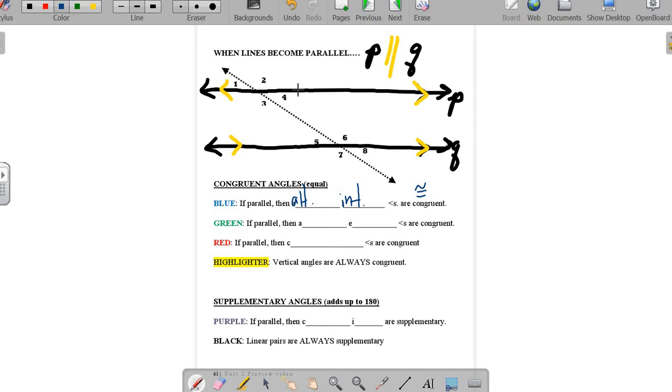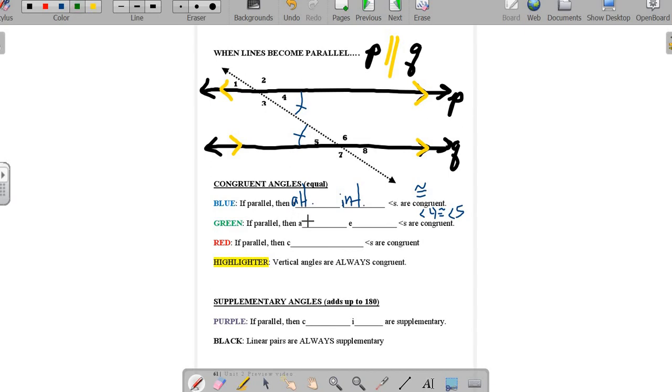So one example would be angles 4 and 5 are alternate interior angles. And when lines are parallel, those are congruent. I'm just giving you one sample. Angle 4 is congruent to angle 5.